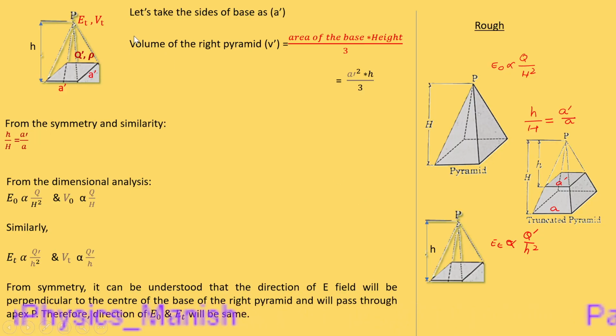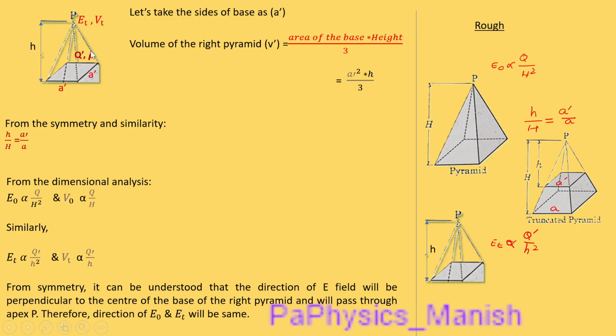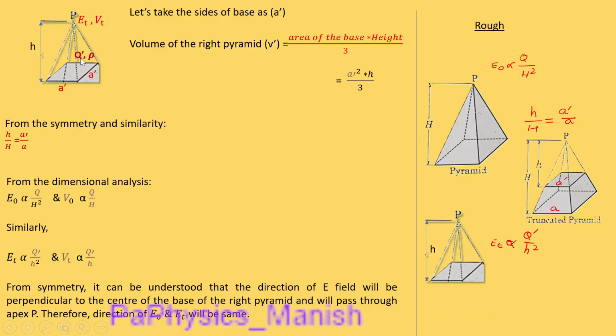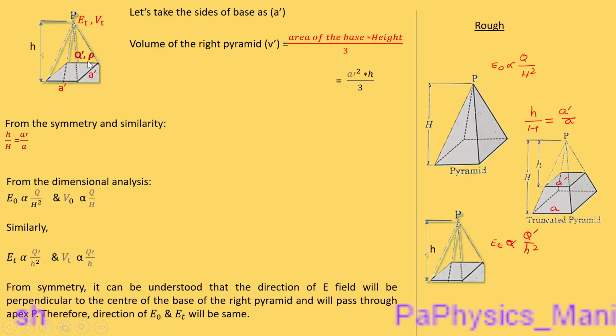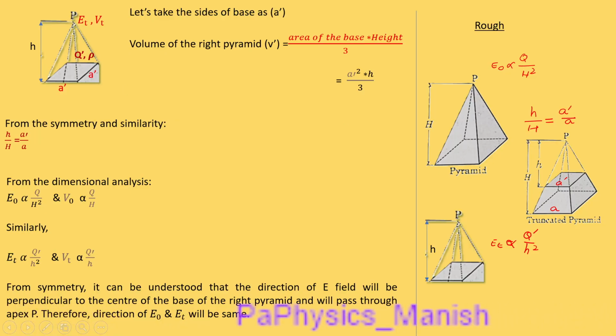We have written here Q prime, and rho will be the same because the charge density throughout the volume of the original pyramid was the same. So here also the charge density will be the same.